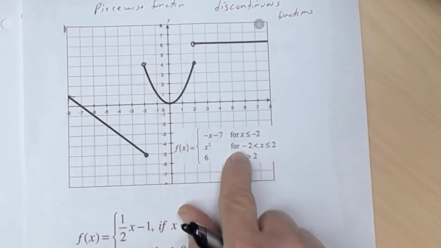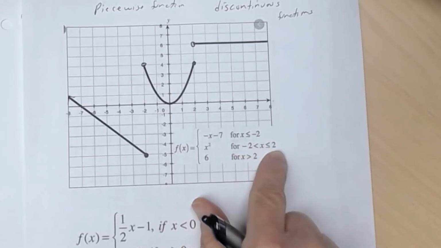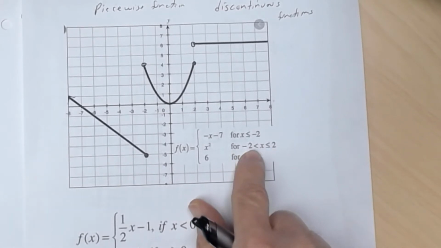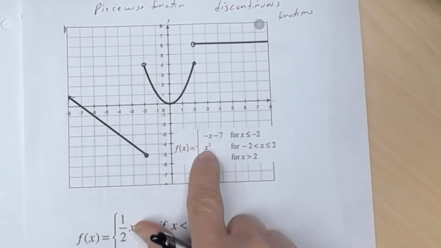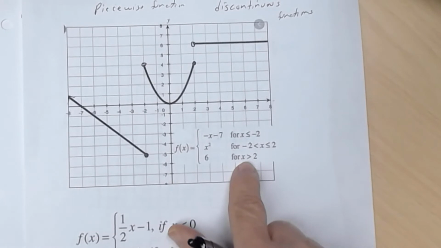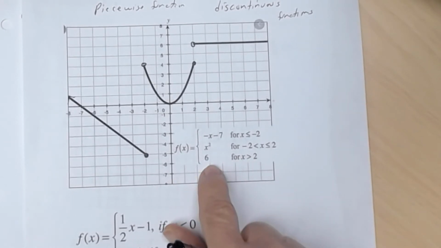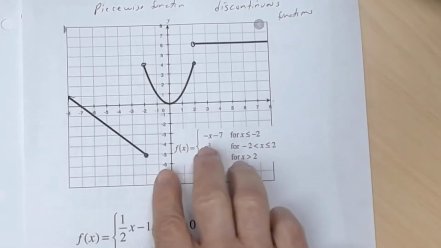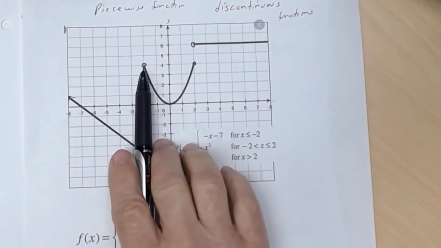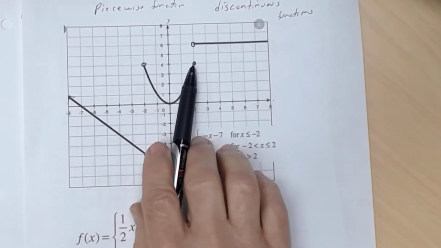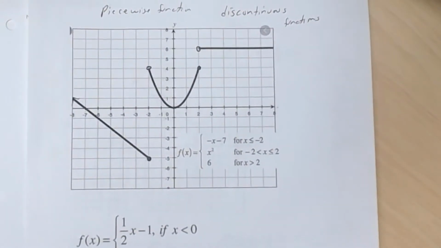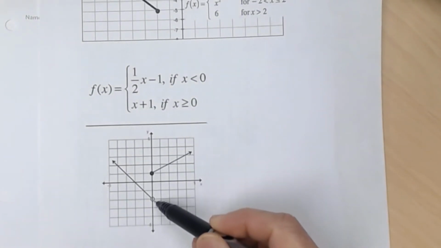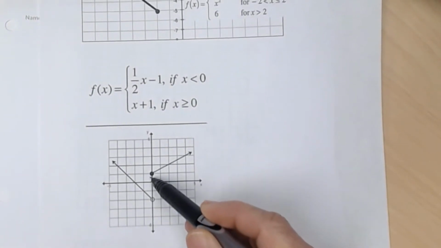If the value of x is between negative 2 and positive 2, not including negative 2, but including positive 2, I'm going to use this. If the value of x is greater than 2, I'm going to use this. Now, when we actually graph these, you're going to see why this is open, why this is closed.